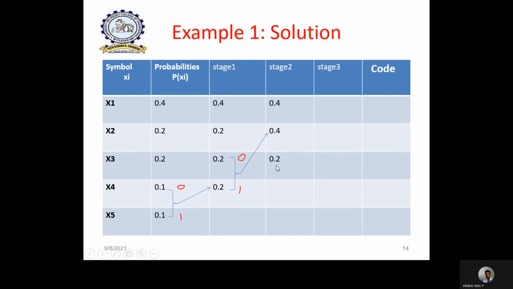Okay, and next again repeat the procedure. Again identify the two symbols with the least probabilities. That means these two symbols. Assign 0 and 1 to these two symbols. Okay, so the sum will be 0.6. So total how many probabilities are we getting? 0.4 is 1 and 0.6.